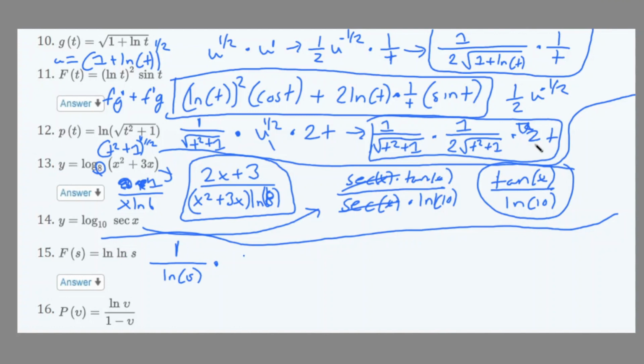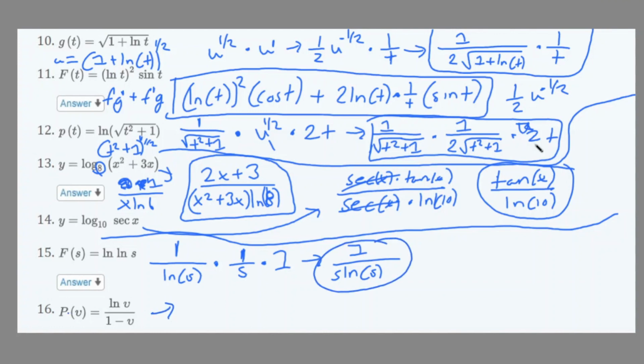So the derivative of the inside is 1 over s. And multiplied by the derivative of the inside, which is s, which is just 1. You don't really have to put it, but you could just for visualization purposes. So your final answer would be 1 over ln s multiplied by s. So that would be your final answer.